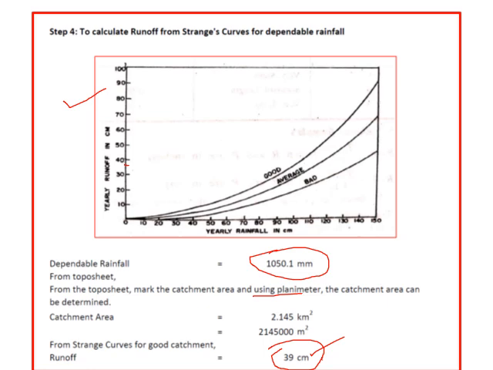For example, here we have measured from the topo sheet and got 2.145 kilometers square, which comes to so many meter square. So use this data for the calculation, not the area that you got from the capacity contours. That is what you have to follow to get the catchment area.